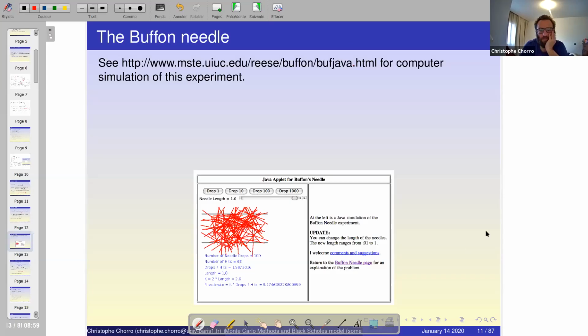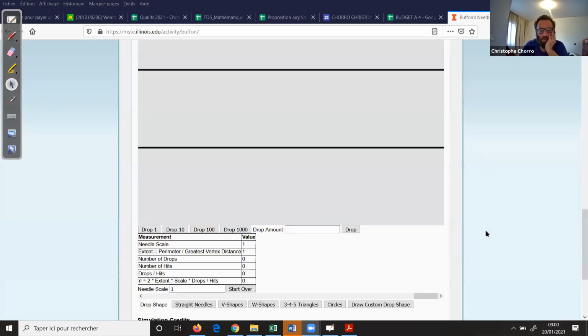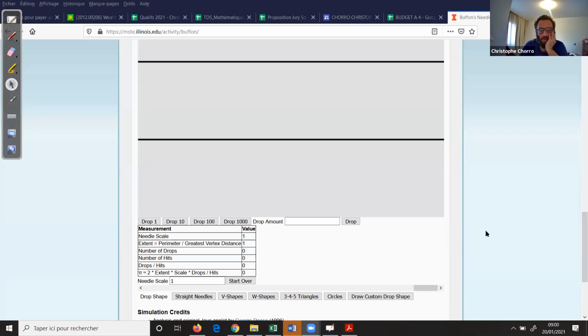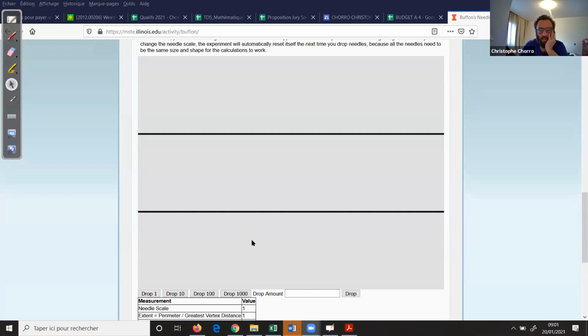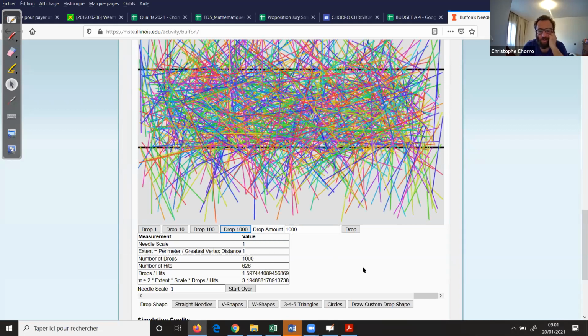So you have here the explanation. I can drop, and you have here my infinite floor. In fact, you do the restriction in the algorithm in order to be sure that the needle is between these two lines. So I drop 100 for 1000, and we are in this situation here.